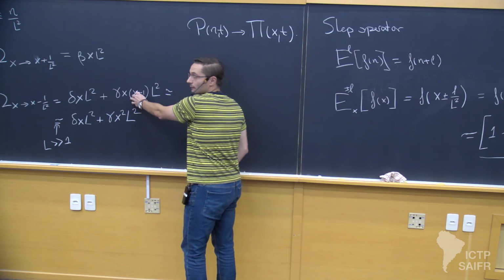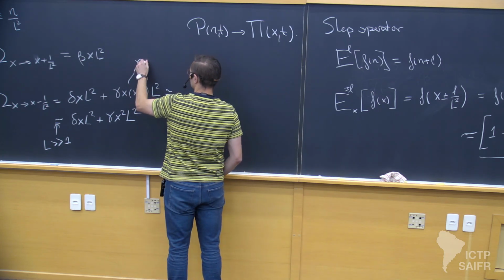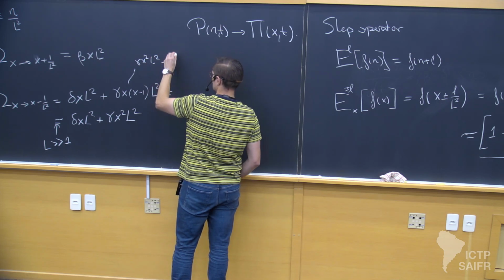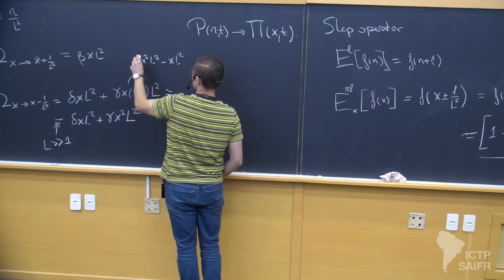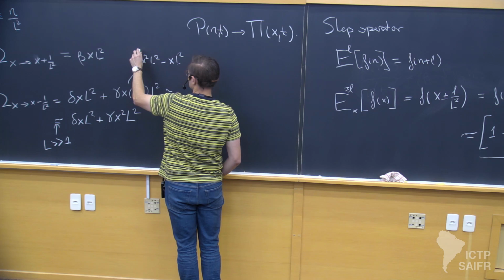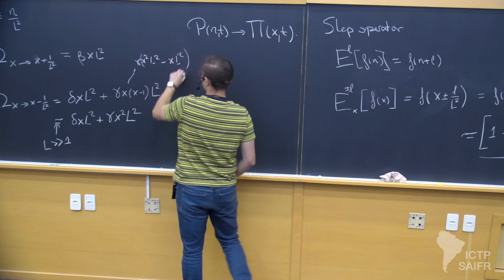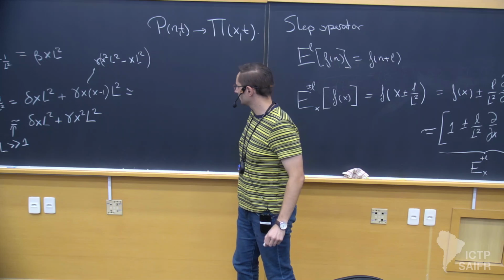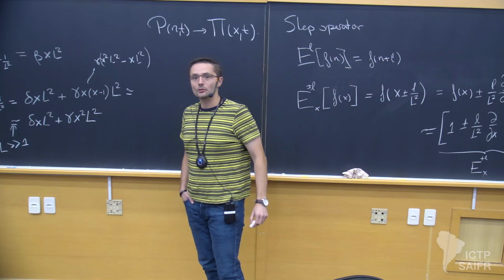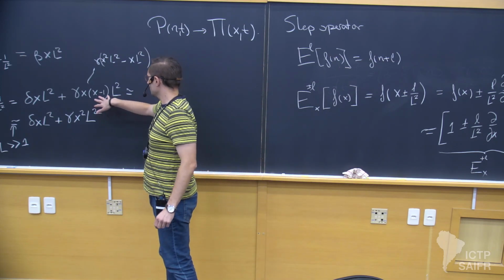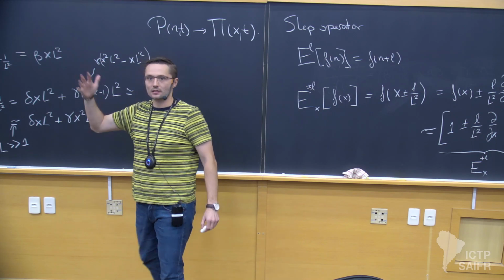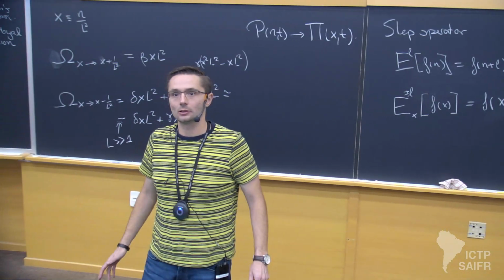Here I have, right? Yes. So what I am saying is that when the system size is large, basically x squared minus x goes like x squared. Yes.